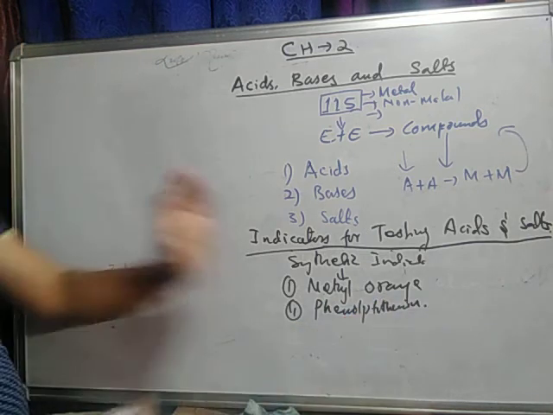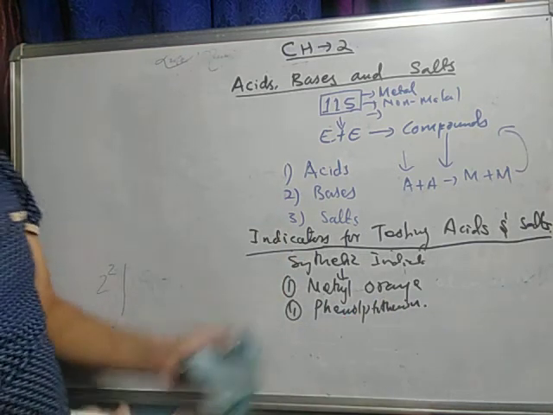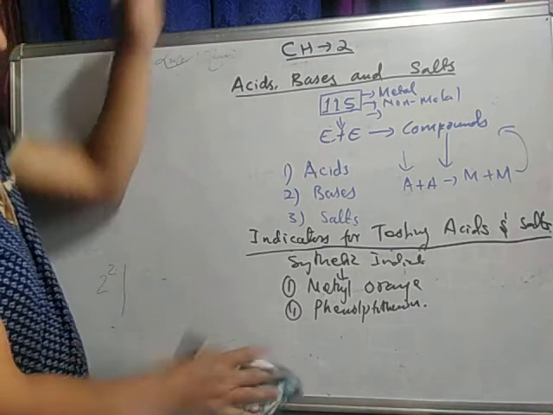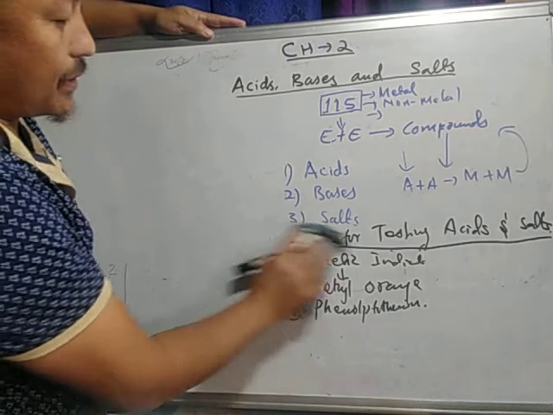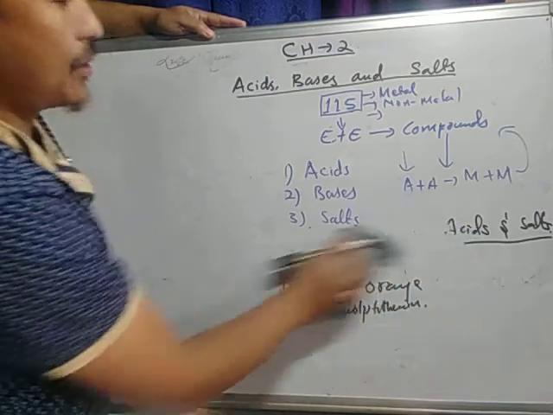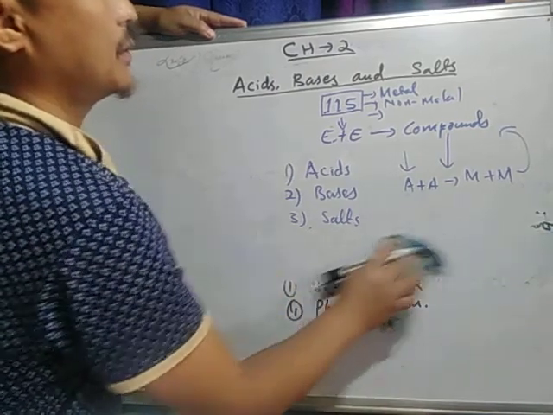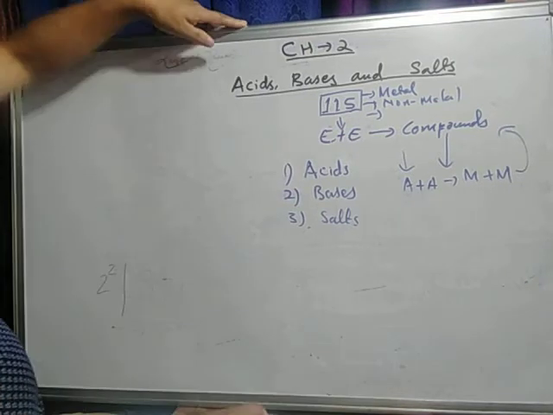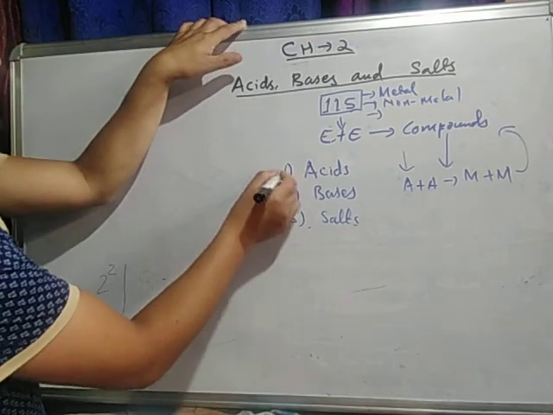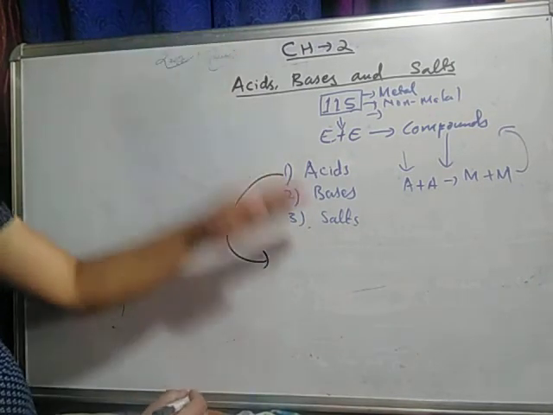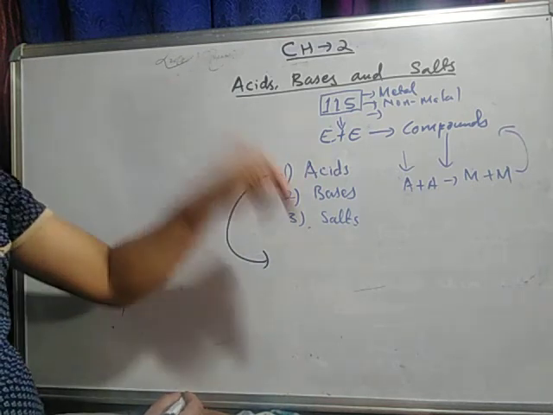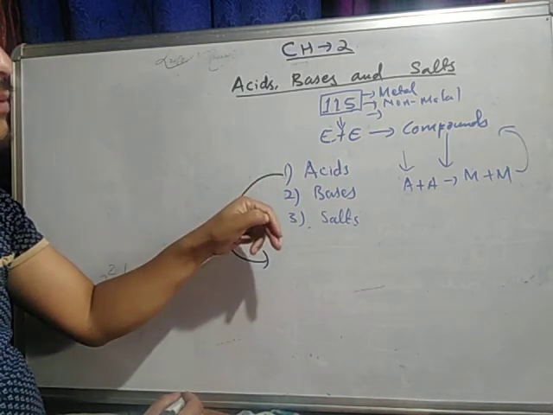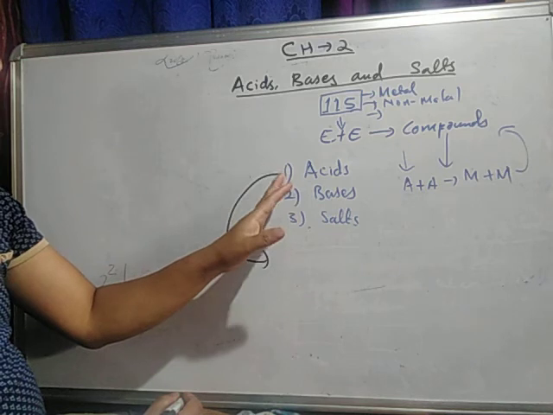Phenolphthalein. So synthetic and natural indicators are done, isn't it? So what happens if I put litmus in acid? Let's talk about acid. Do you know whether it is a compound?